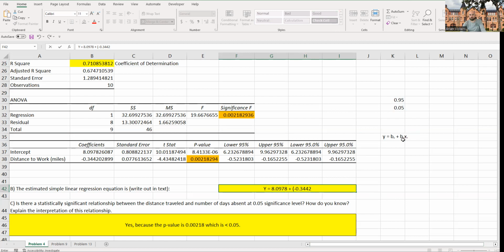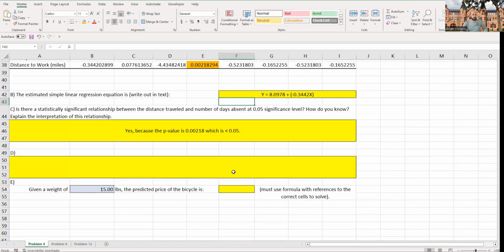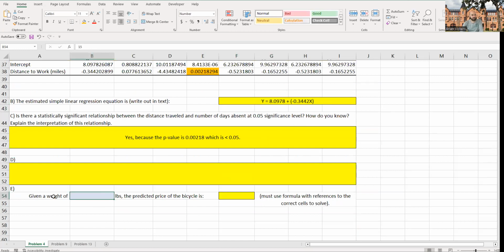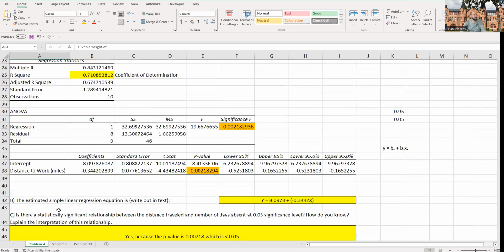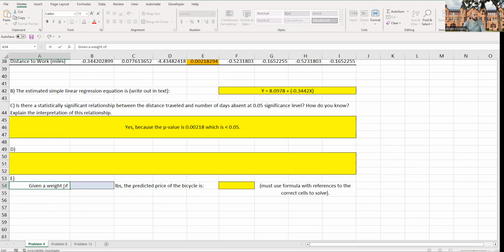The coefficient of the slope, the b1 value, is right here, times x, or I can just write x. So whatever thing I'm trying to figure out, and you're going to do that later on. So for example, given a distance of 6 miles, predicted number of days absent is.